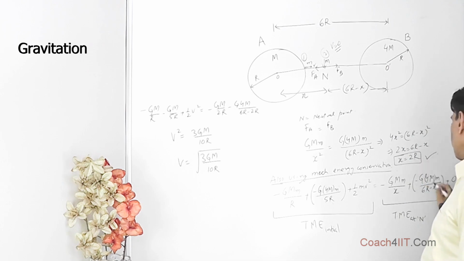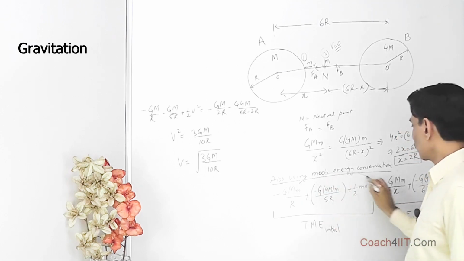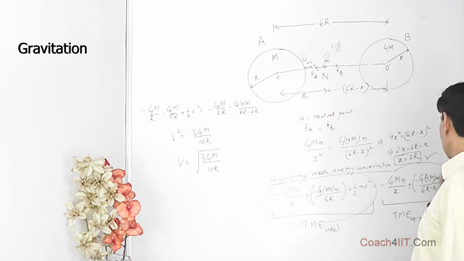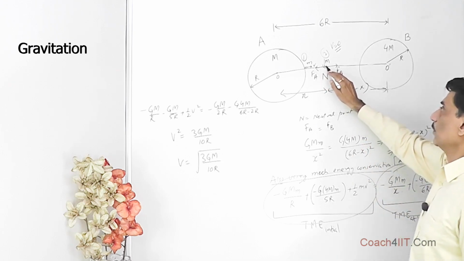We can put the value of x as 2r, plus the kinetic energy over here, which is equal to 0. What we have done is equate the two total mechanical energies: initially, when the body has just been projected from here, and the total mechanical energy when it has just reached the neutral point.